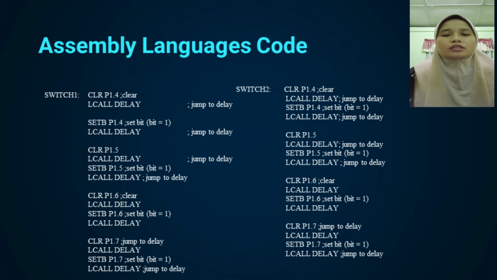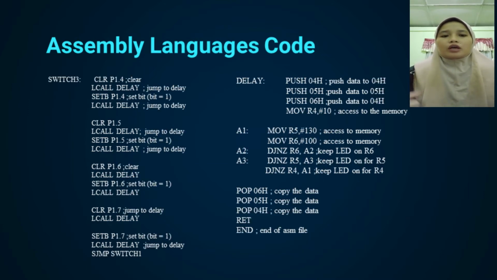Another switch has the same declaration, which uses CLR and call delay and SETB. For the delay, we use PUSH 04H, 05H, and 06H, and we push the data at 04H, 05H, and 06H.